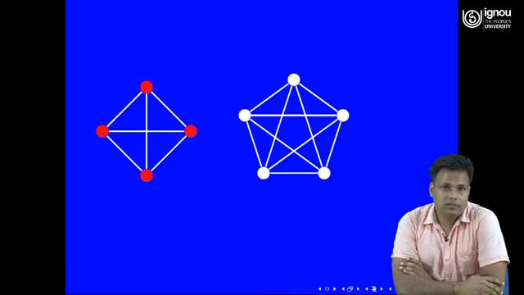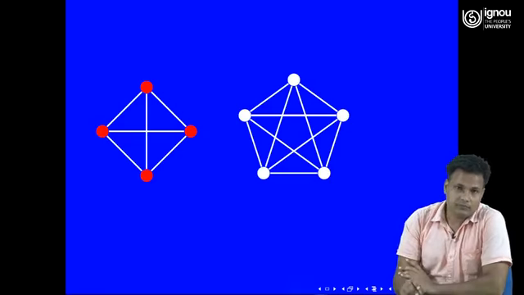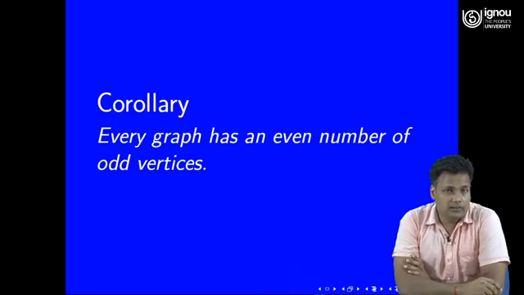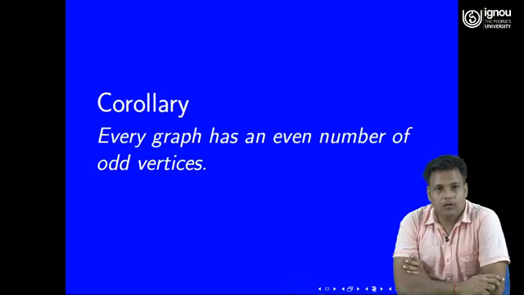So in all these examples, you have seen that the number of odd vertices a graph has is an even number. And in fact, this is not a coincidence, it is a well established result which follows from the handshaking lemma.